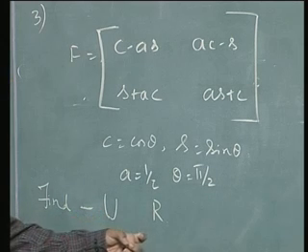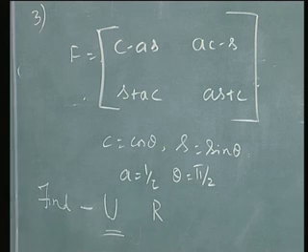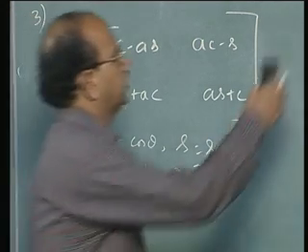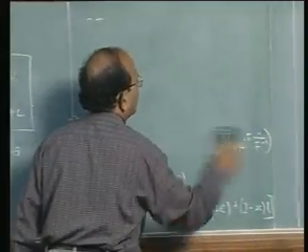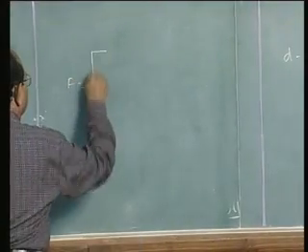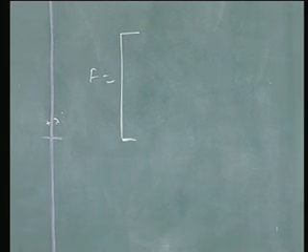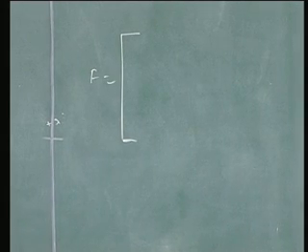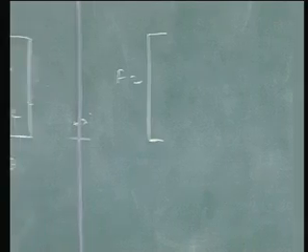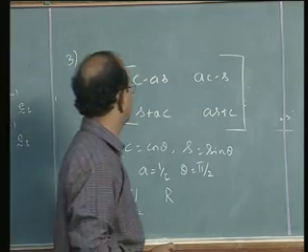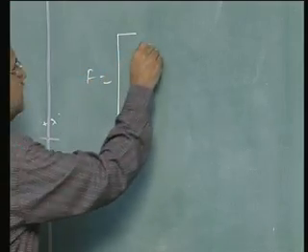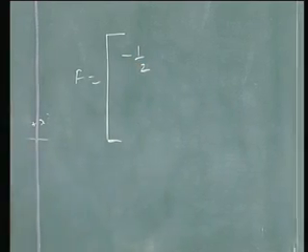Find U and R. So, substituting these things, you can first write down what is F. What is F? Cos pi by 2 minus, so minus half, first term.